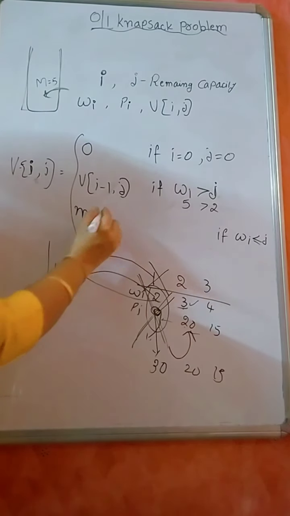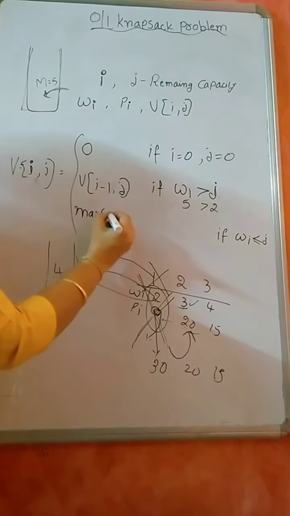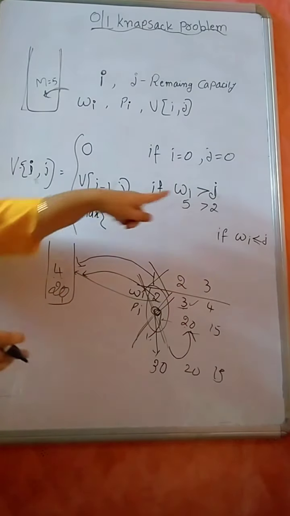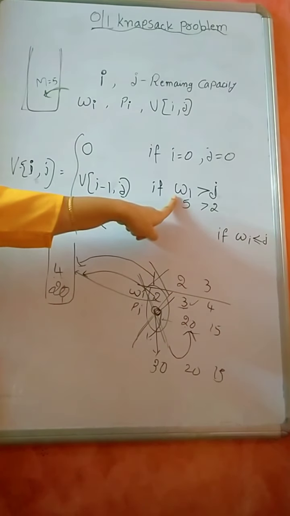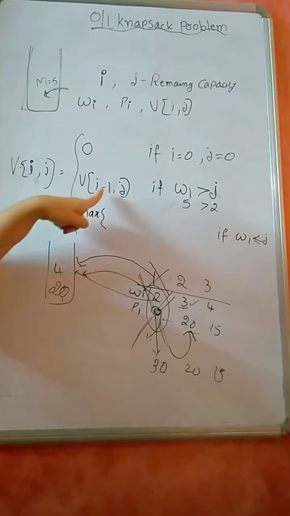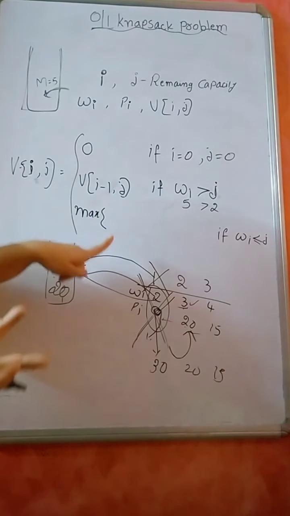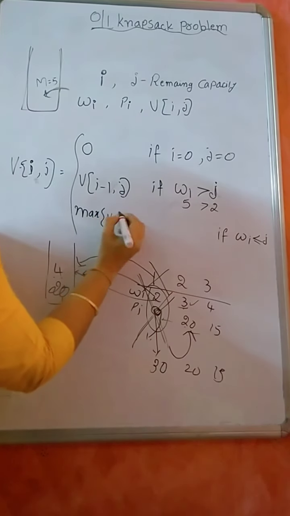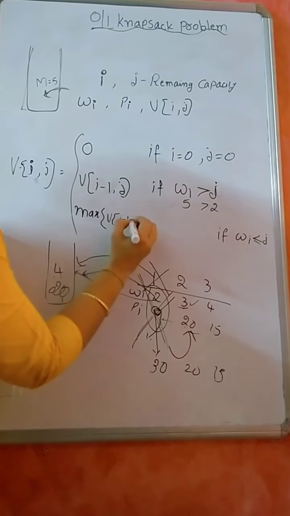First I'll consider rejecting the object. Rejecting the object means what? Same thing. Here also I have rejected the object. What is my profit? The previous profit. So it is max of V of I minus 1 comma J.